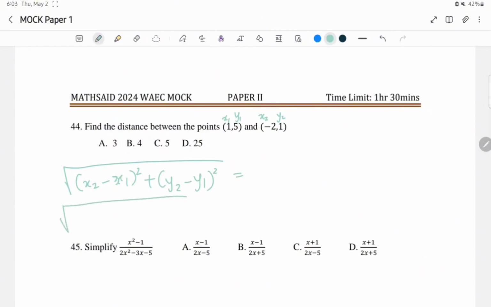That will be -2 minus -1 squared plus y2, which is 1, minus y1, which is 5 squared.